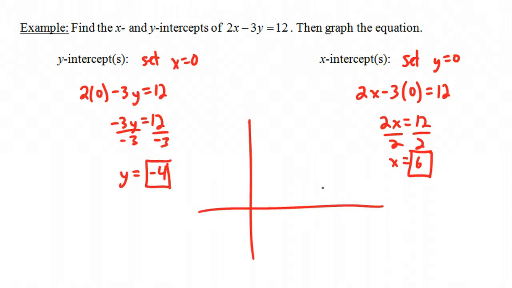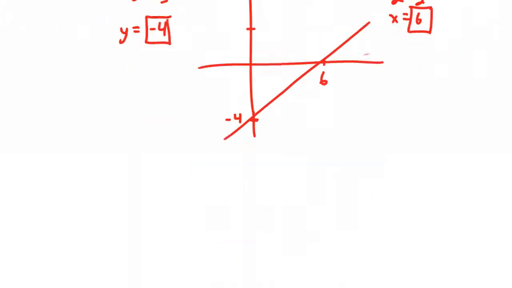It's a straight line, but the x-intercept occurs over here at 6, and the y-intercept occurs actually down here at minus 4. And so the graph it turns out looks like this. Again, how do I know it's a straight line? Well, we'll talk about that a little bit later.